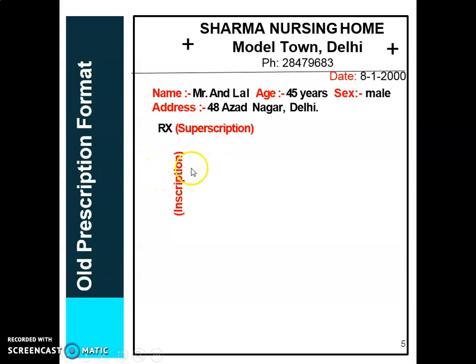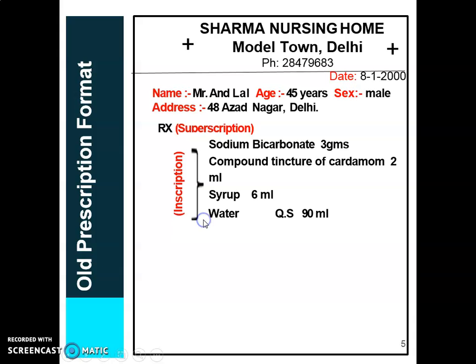Next part, inscription. This is the main part of prescription. It contains name and quantities of the ingredients. Inscription can be divided into three parts: base, adjuvants and vehicle.